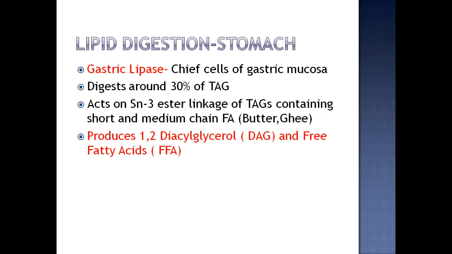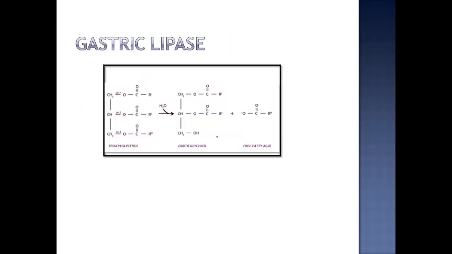Secondly is the gastric lipase. They digest around 30% of total triacylglycerol. They act on the third ester linkage of triacylglycerol, mainly of short and medium chain fatty acids. And they will produce 1,2-diacylglycerol and free fatty acid. So this gastric lipase will act at this particular linkage, and it will release this particular fatty acid.